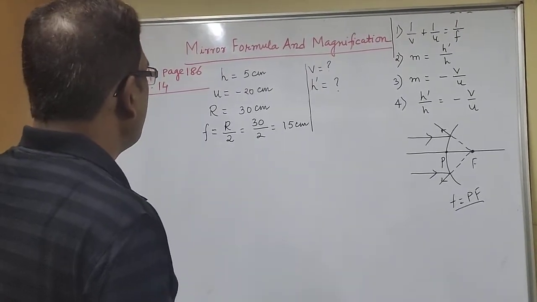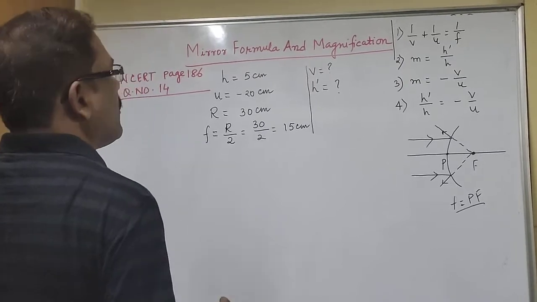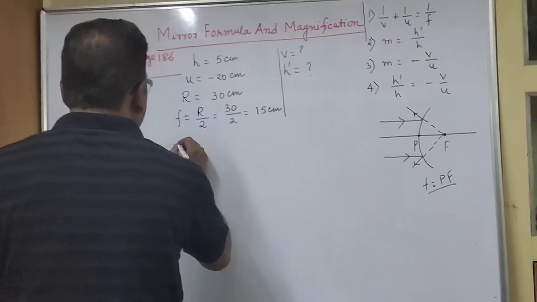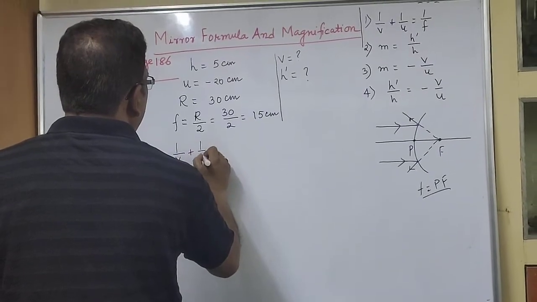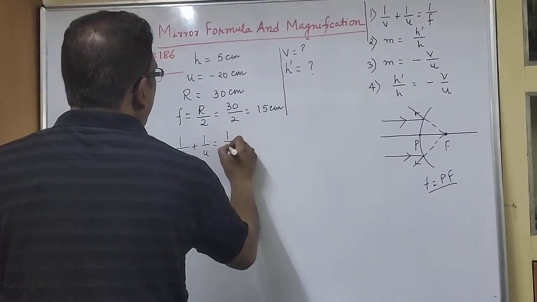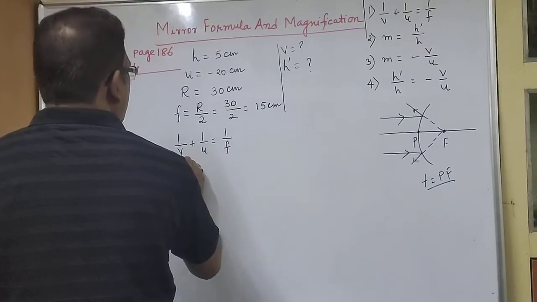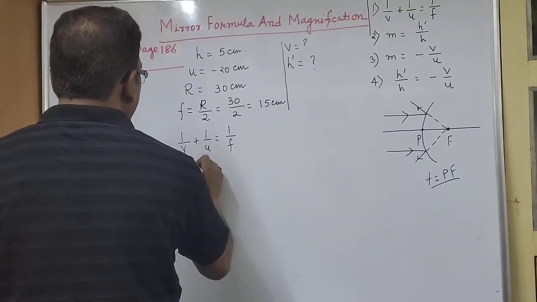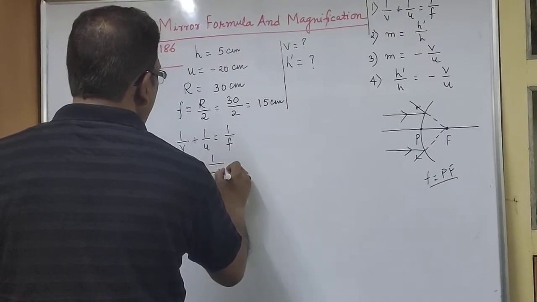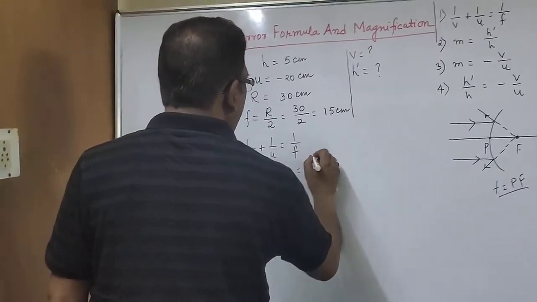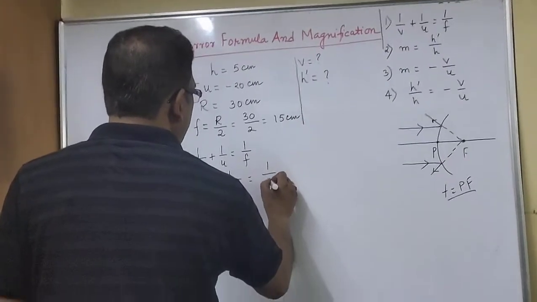Now we will use the mirror formula to calculate v first. Write the formula: 1 by v plus 1 by u is equal to 1 by f. Now substitute the values: 1 by v plus 1 by minus 20 is equal to 1 by 15.